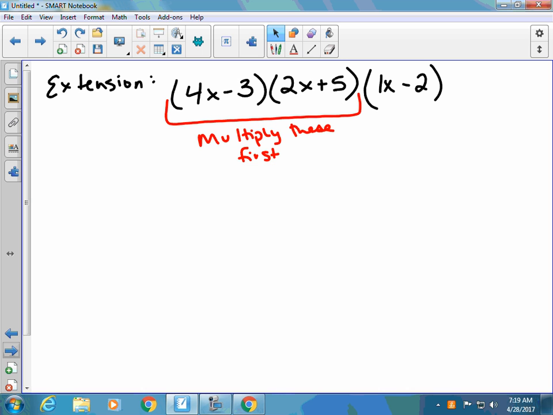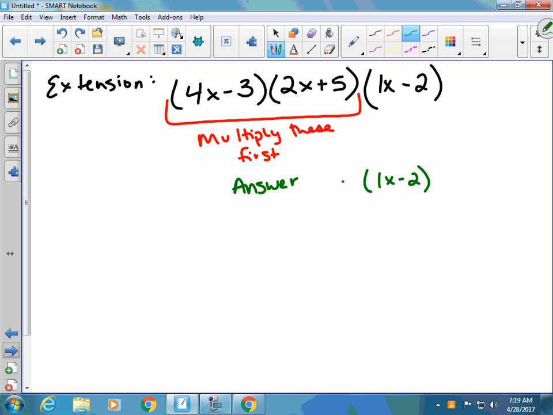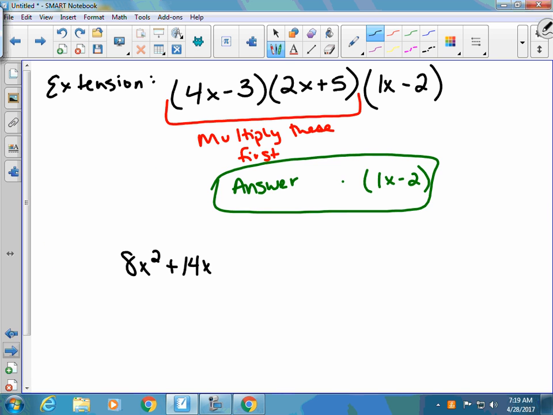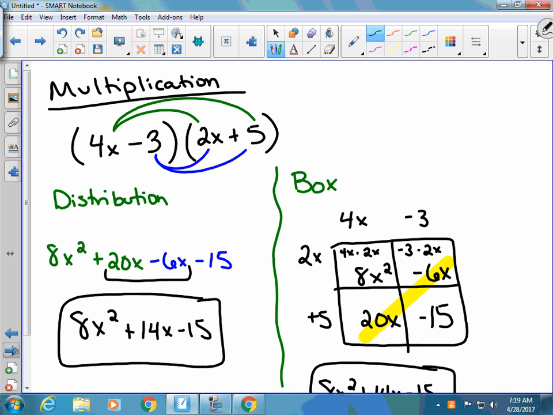Then you would take the answer from that times that 1x minus 2. So we've already done this. We've already found our answer. Our answer was that 8x squared plus 14x minus 15, I believe.